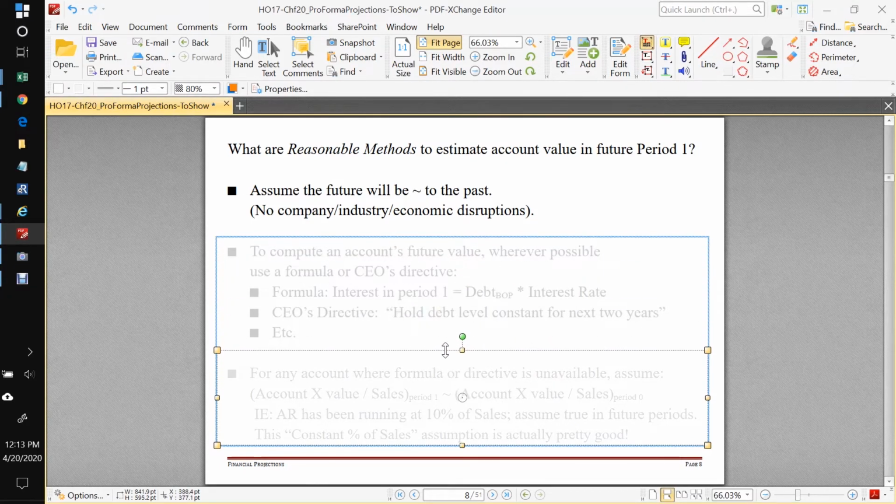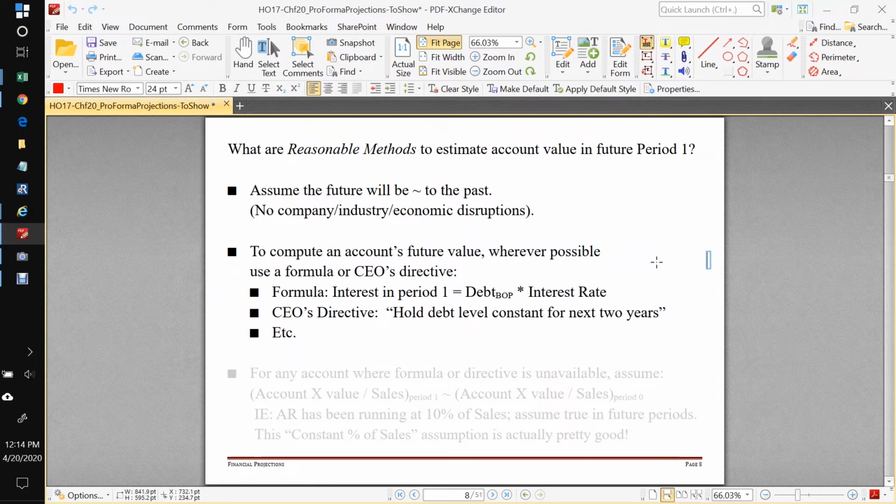So that's number one. Also, more reasonable methods: to compute any account's future value, wherever possible, we're going to use an accounting formula, that is, a formula from accounting, or a CEO's directive.